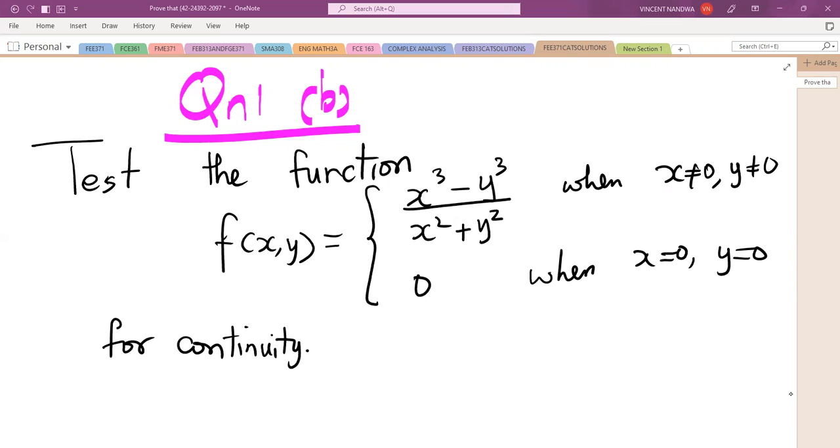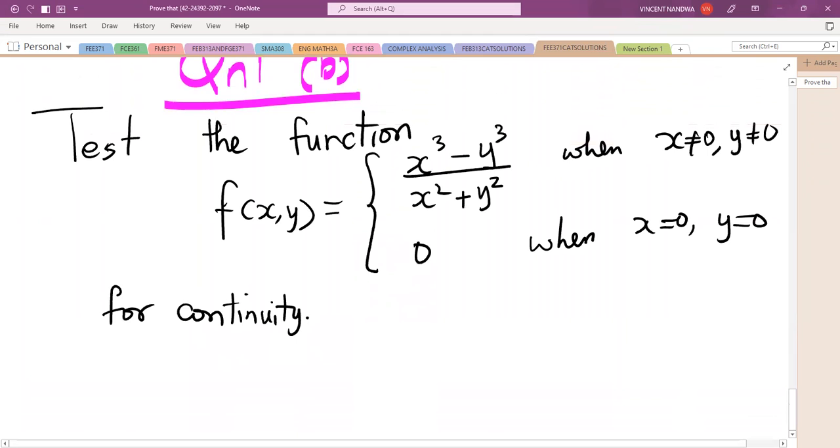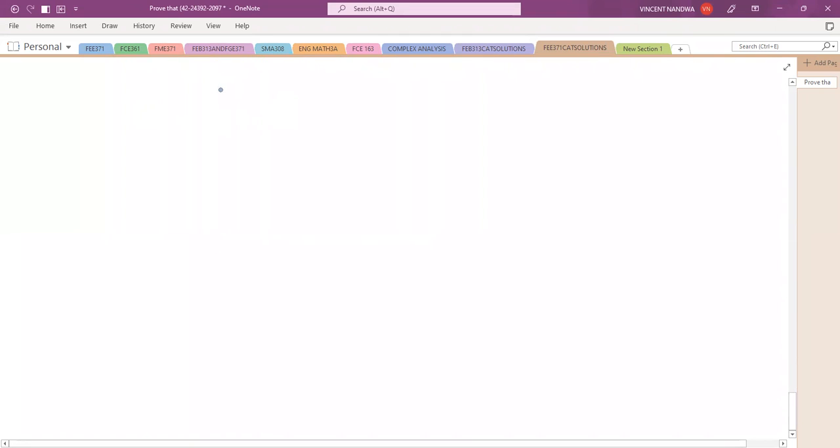Solution. So in this problem, we have to test whether the given function satisfies the properties for continuity.